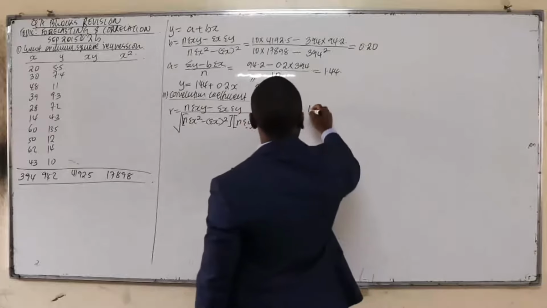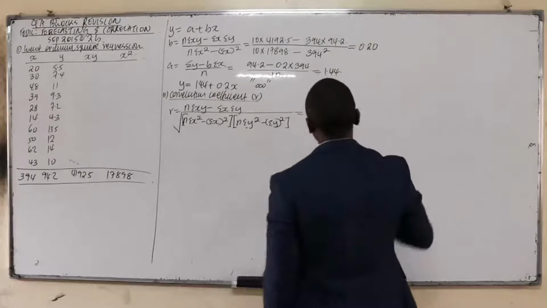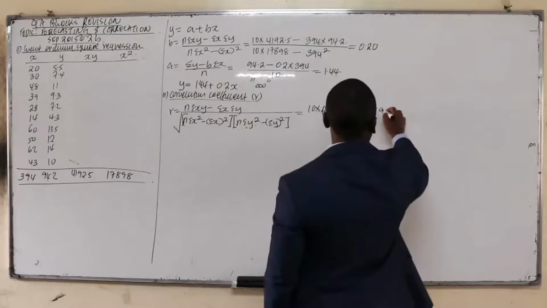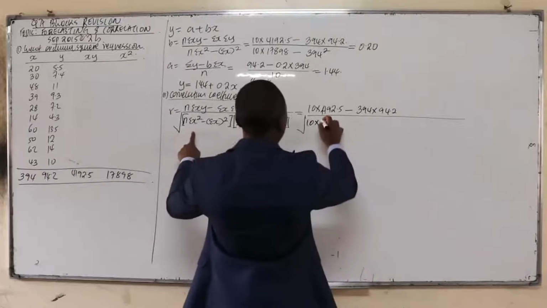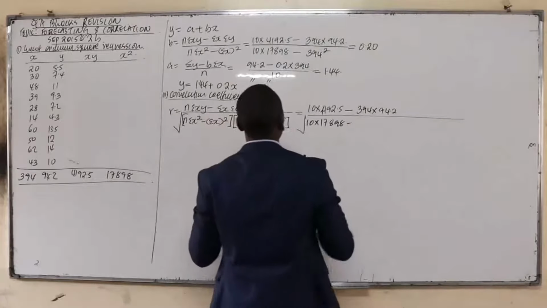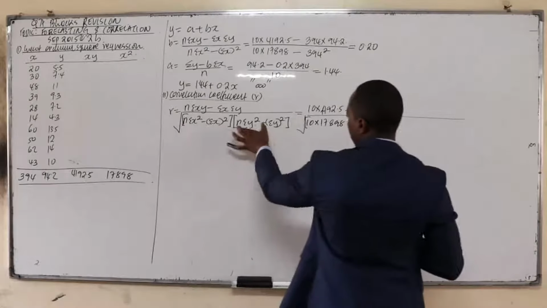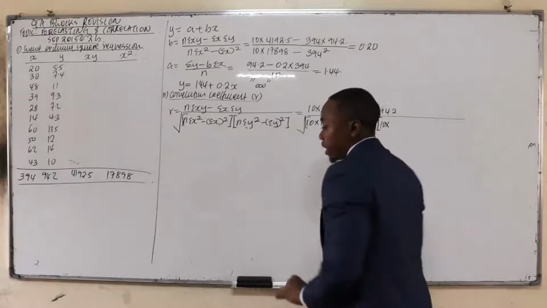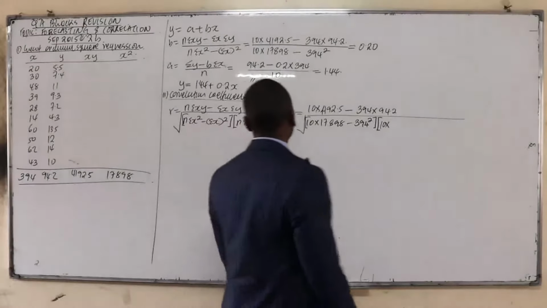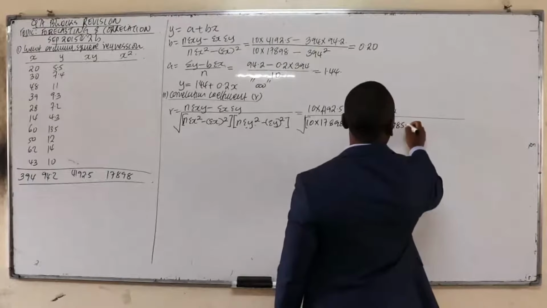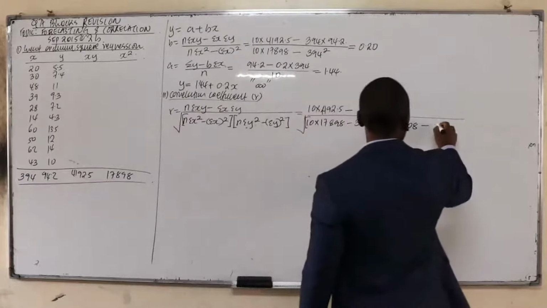So just substitute n is 10. Summation of xy is 4192.5 minus summation of x, 394, multiplied by summation of y, 94.2, divided by the square root of n, which is 10, times summation of x squared, 17,898 minus 394 squared. Then you multiply by the same with y: n is 10, summation of y squared, press Shift number 1, is 985.08, minus summation of y, 94.2, squared.